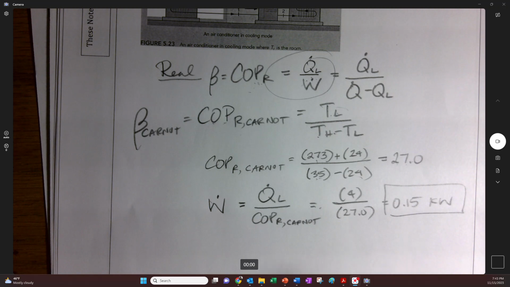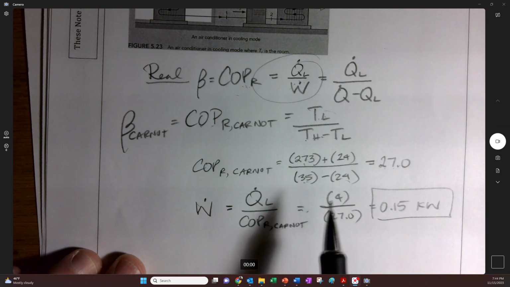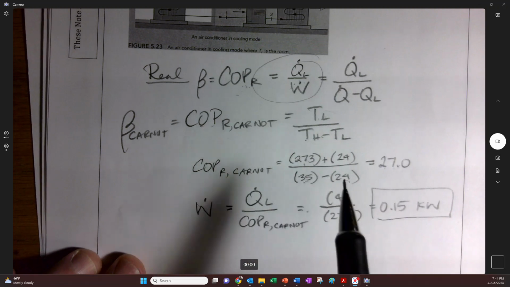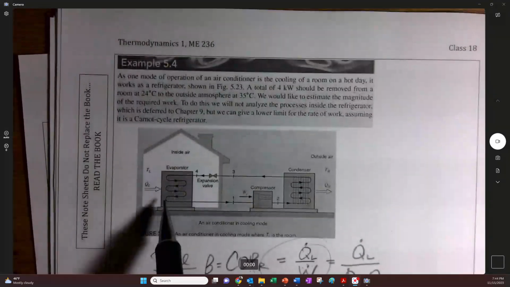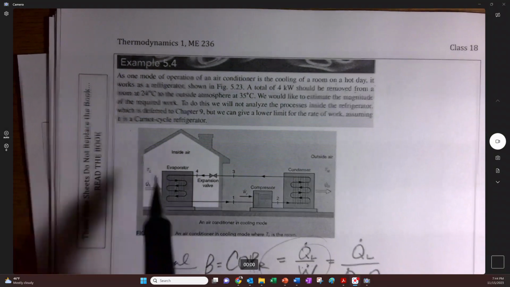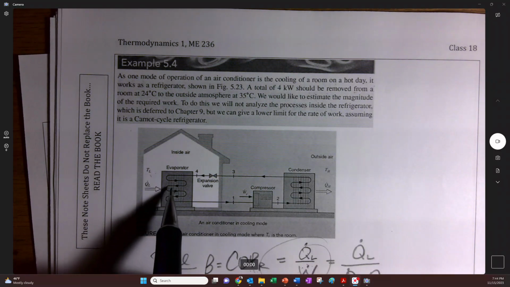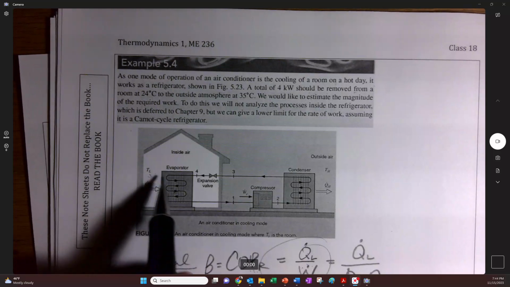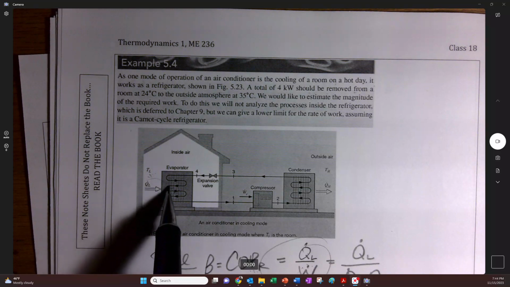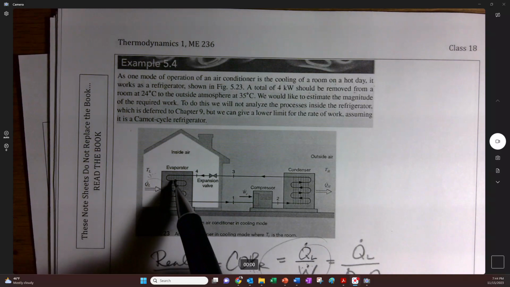But one thing to keep in mind: this is just what the room temperature is, and the room temperature is this, but the outside air is this. Notably, the coils here have to actually be lower than the air temperature, because heat needs to move from the hot to the cold. So if the room temperature needs to be 24, the surface temperature of this cooler, and therefore the fluid inside here, must be much less than 24.